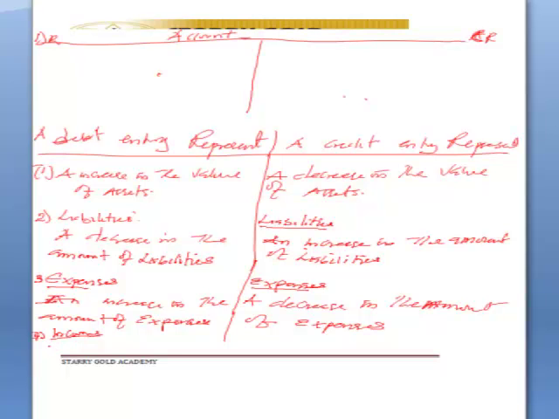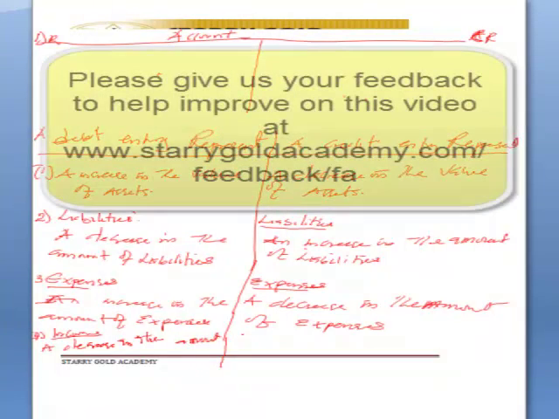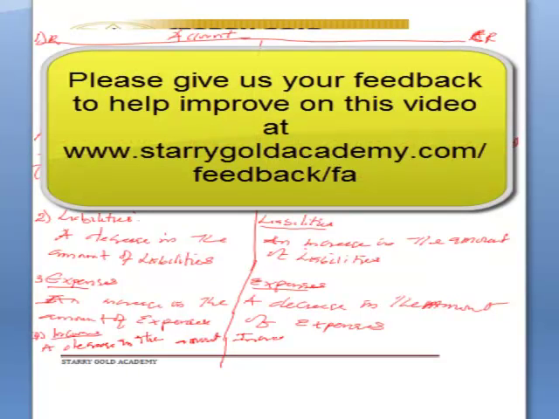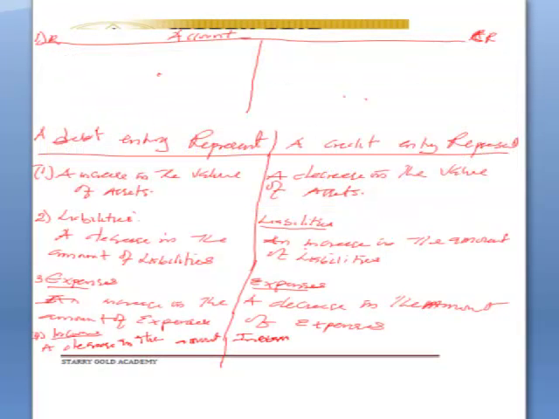A debit entry to an income account means a decrease in the amount of income, whereas a credit entry in income means an increase in the amount of income.